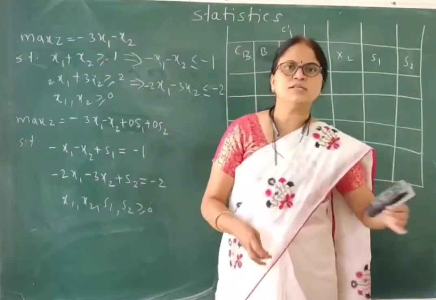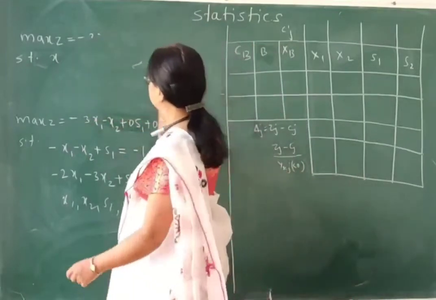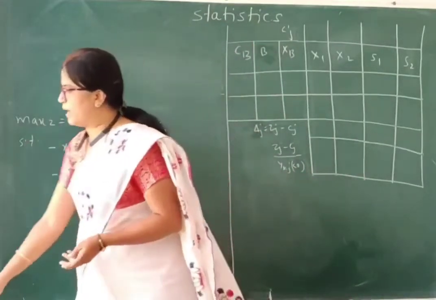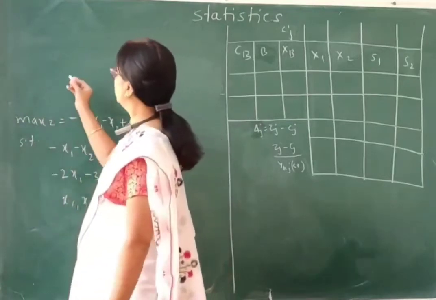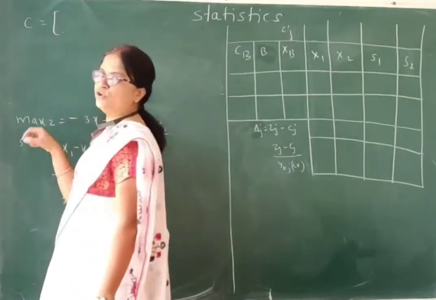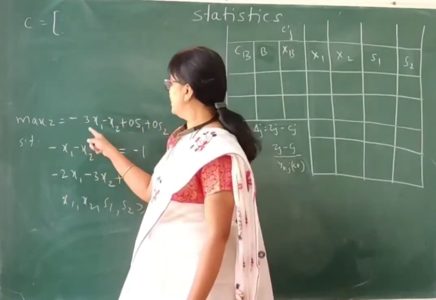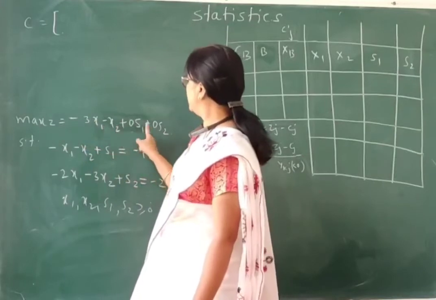Now I convert this standard form to matrix form. In our matrix form we have the cost matrix C, that is the coefficients of the variables in the objective function. So that means minus 3, minus 1, 0, 0.